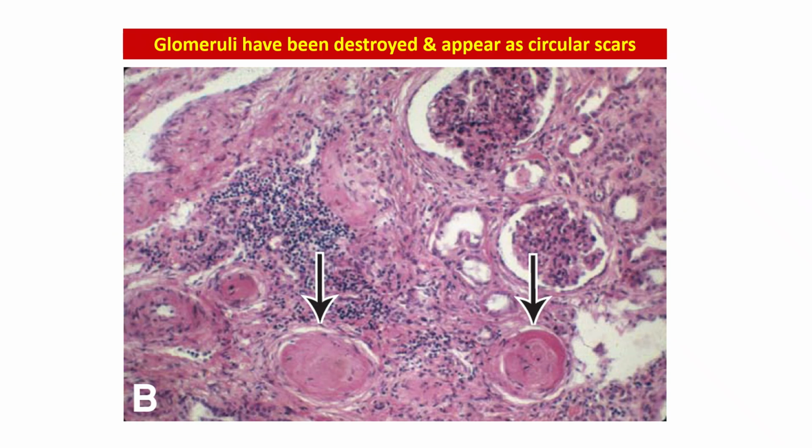So this is a kidney tissue that is stained by hematoxylin and eosin stain, and there are many glomeruli that are here, and they are totally hyalinized and sclerosed. So this is global glomerulosclerosis.